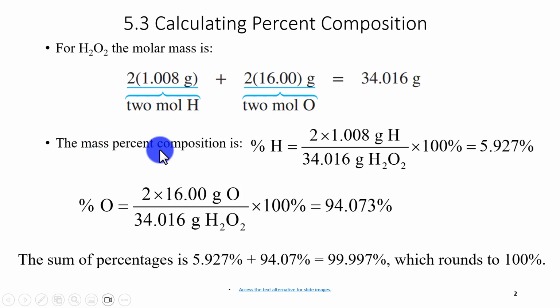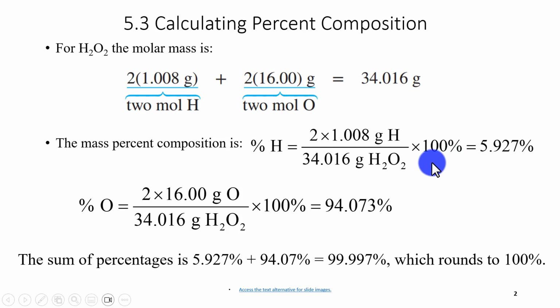When I go to do the mass percent composition of hydrogen and oxygen, these are done similarly. I have 2 moles of hydrogen, so my N equals 2. If you remember in the previous slide, the formula: 2 moles multiplied by the molar mass of hydrogen, which is 1.008 grams, over the mass of 1 mole of compound, which I just calculated up here, 34.016 grams.